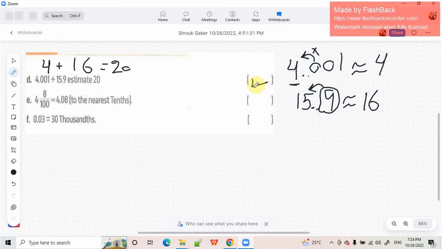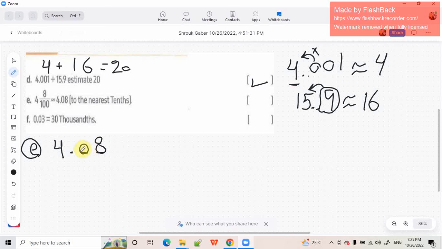Okay, look now. Here we have question number E. 4 and 800. How can we write this number? First step, write the number in decimal form. 4 and 800 thousandths. That means 8 in the decimal part, we have 3 digits. 8 in hundreds place.